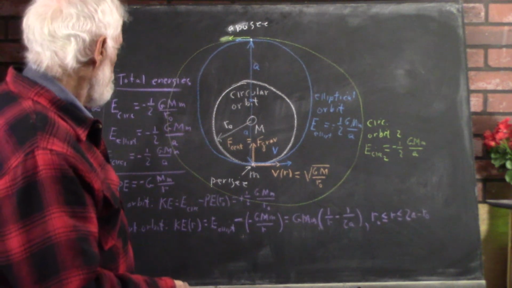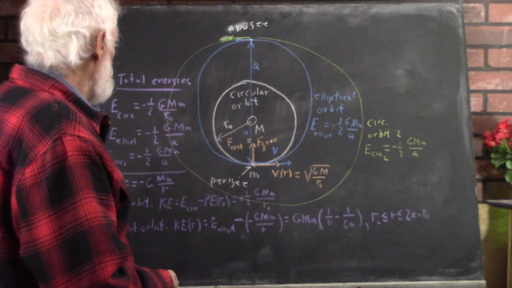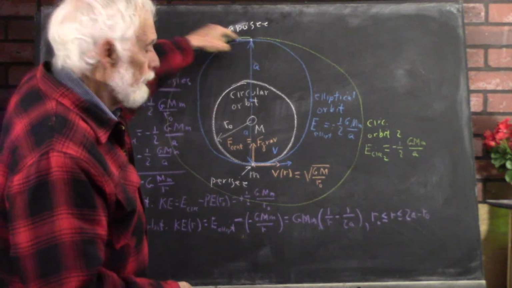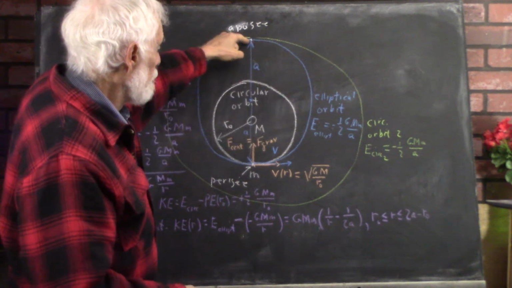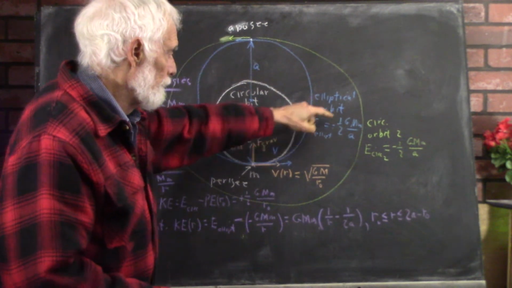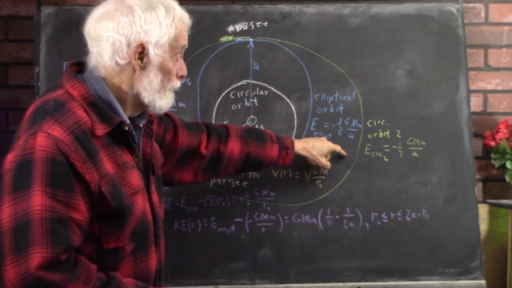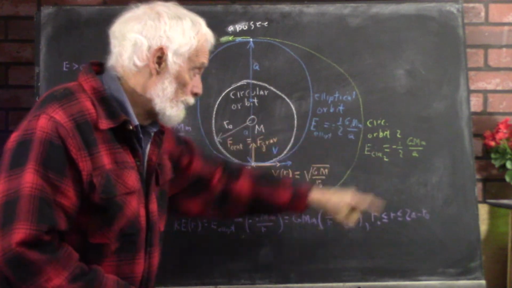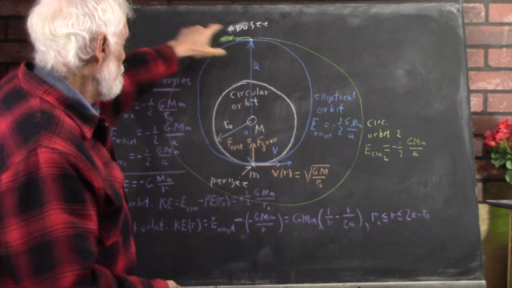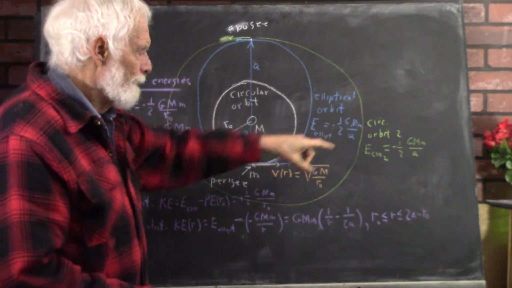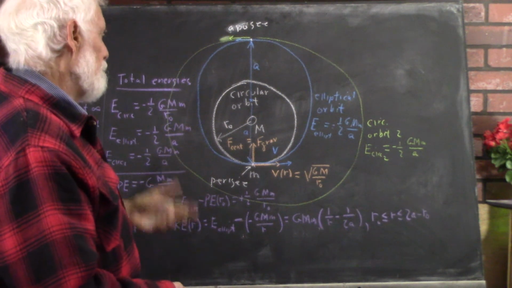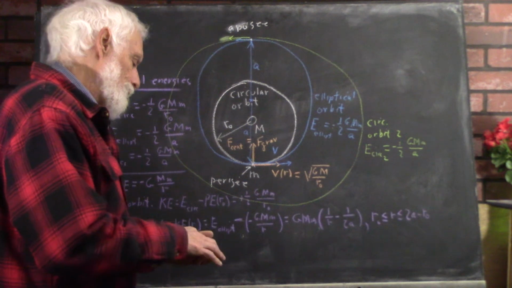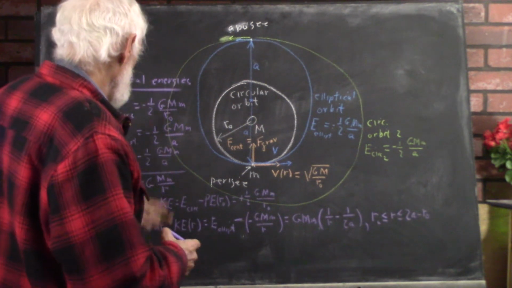And that doesn't completely make sense, because you've got to add energy here. At this point, your total energy was E elliptical equals this. If you add energy by increasing your velocity, that just can't be right. Oh, wait a minute. Okay. And it isn't right.